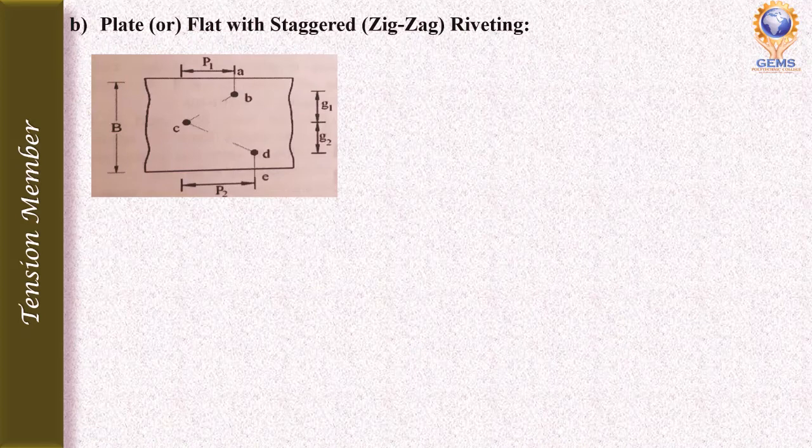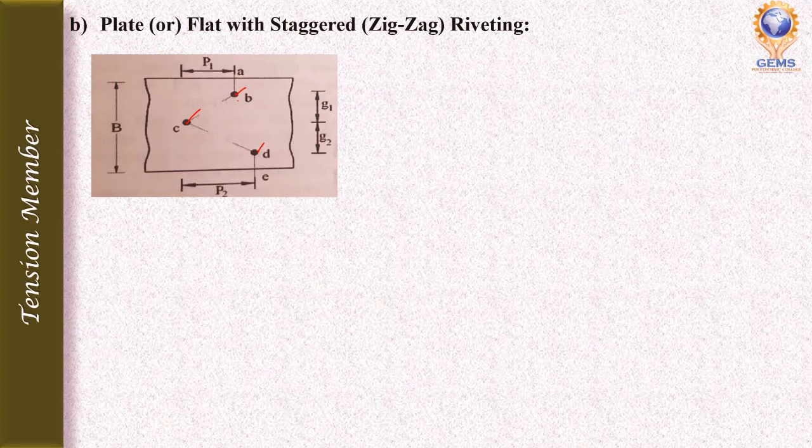Here the rivets are connected in a zigzag manner. From B to C we have one pitch distance and C to D we have one pitch distance. And again, B to C we will have one gauge distance and C to D we will have another gauge distance.